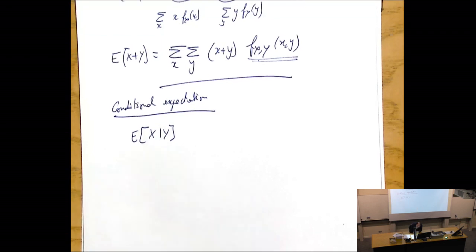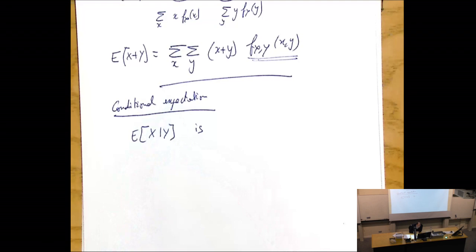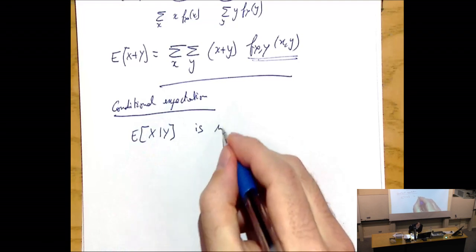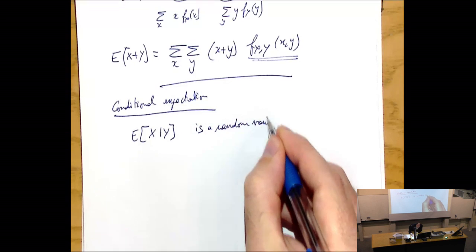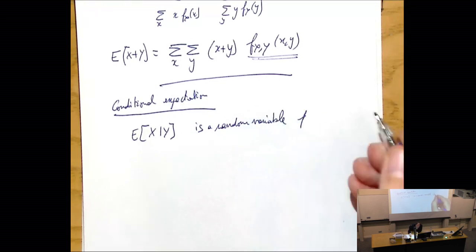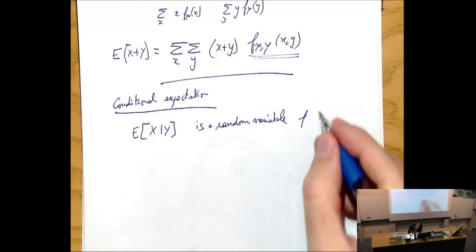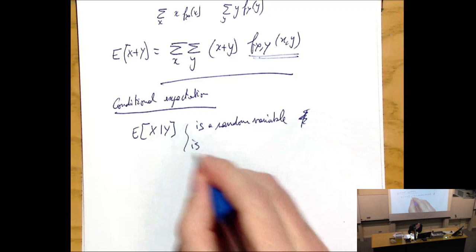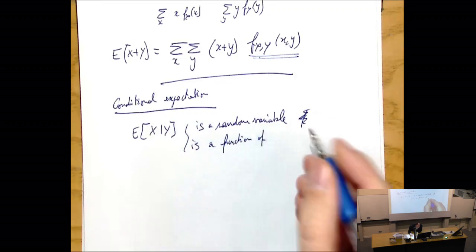This quantity, the conditional expectation, is a random variable, is still a random variable, a function of y.